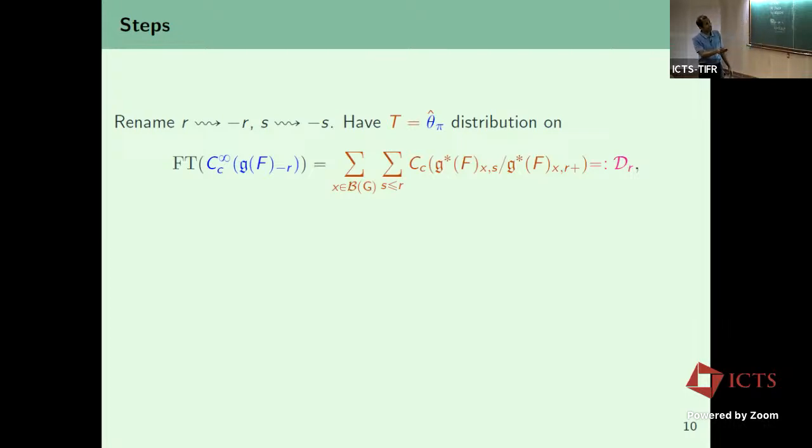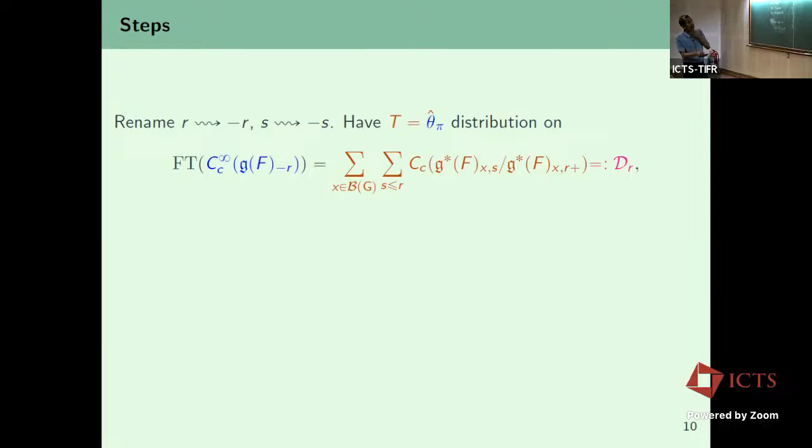Strictly speaking, this is just the set of all functions which are invariant under some G star of f x comma R plus, and you sum over all the x. You don't need the S, but somehow S is actually useful for the strategy. That's why you are keeping it. So whatever you have, this is the Fourier transform space of functions with small support. This space is called D_R. Again, this notation we are going to need.